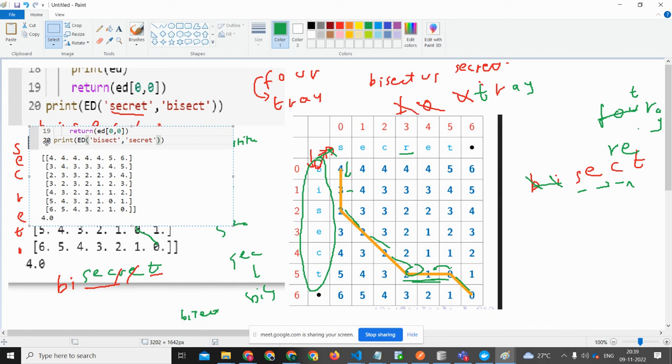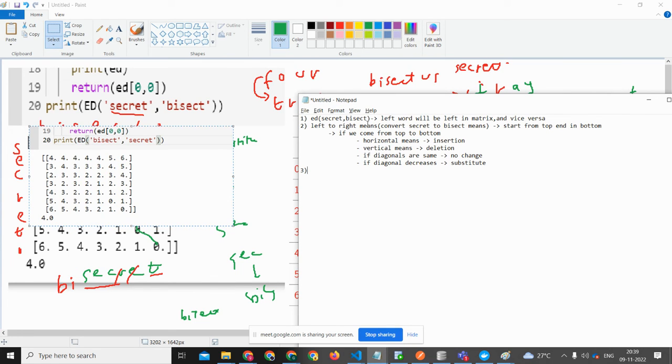The one on the left in the input will go in the matrix on the left, which means the left-hand side, the left margin. Left word in input will be left margin in matrix, right?